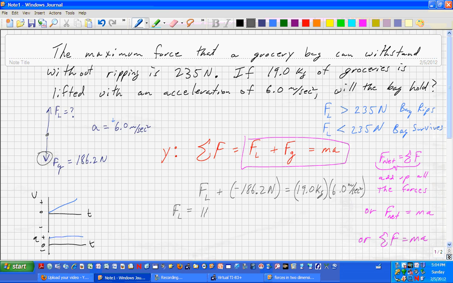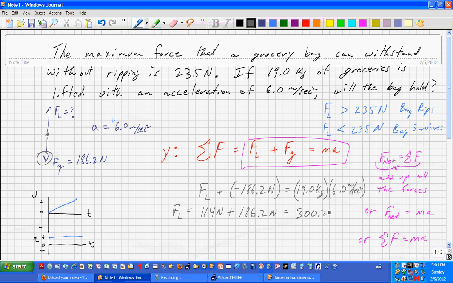So I've got 114 newtons plus, because I'm going to add this over to the other side, this 186.2. I'm going to add that to both sides to get rid of it and isolate the force of lift. So that's going to be plus 186.2 newtons, which gives me a grand total of 300.2.